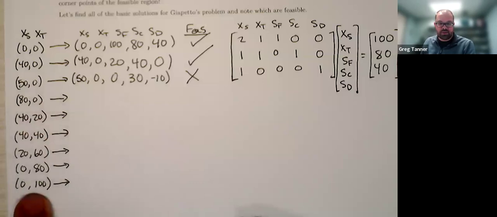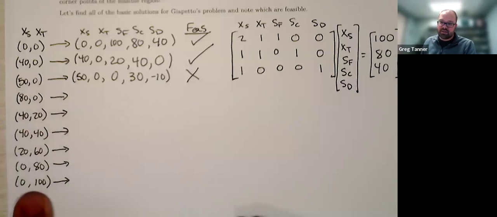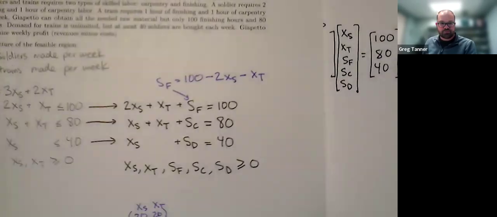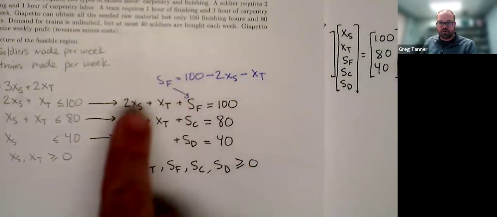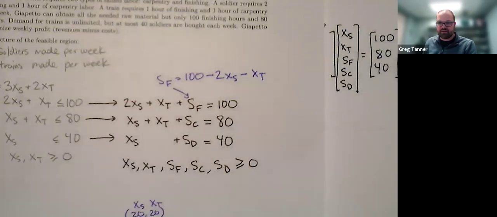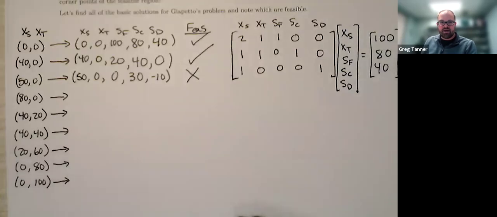These are all going to be basic solutions. Some of these are going to be feasible, some not feasible. Go ahead and use the equality form of the constraints to solve for the missing slack variables, and then determine which of these are feasible or not feasible. Pause the video, work it out. I'll show you the answers in just a moment.